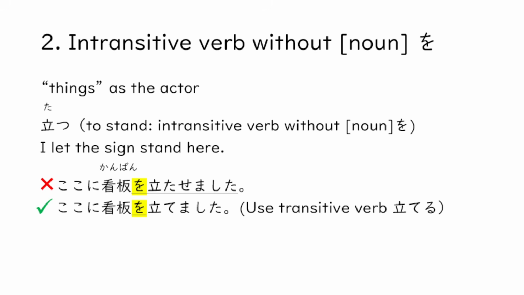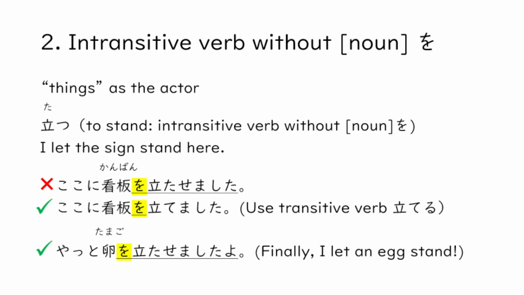So, is it always wrong to use 立たせる for things? Actually, it's not always wrong. Look at this example. やっと卵を立たせましたよ. Finally, I let an egg stand. This one is perfectly fine, but why? The key is difficulty.